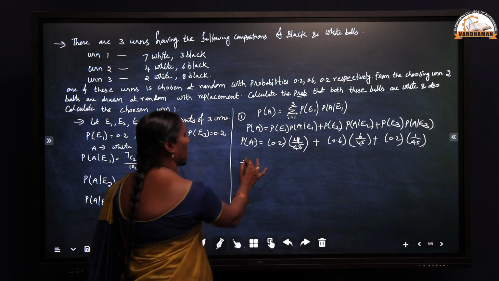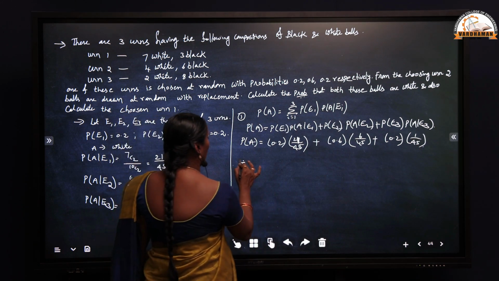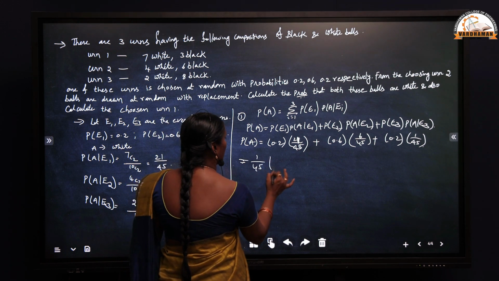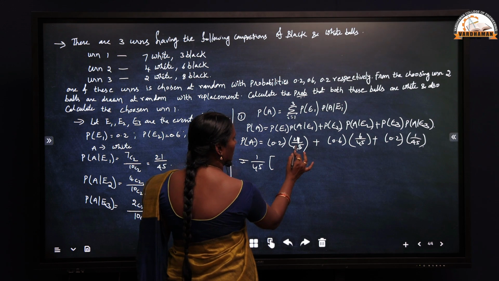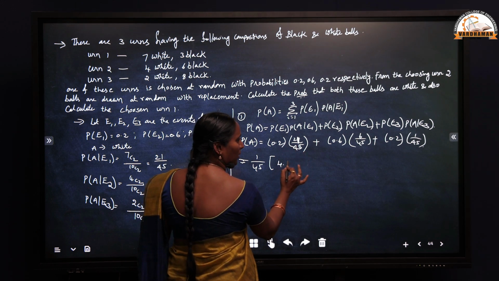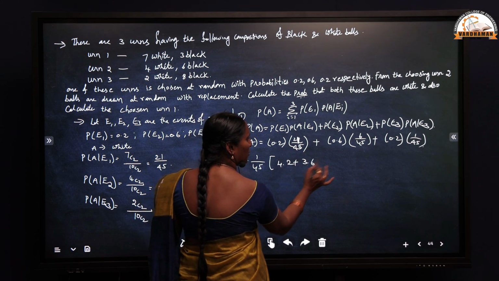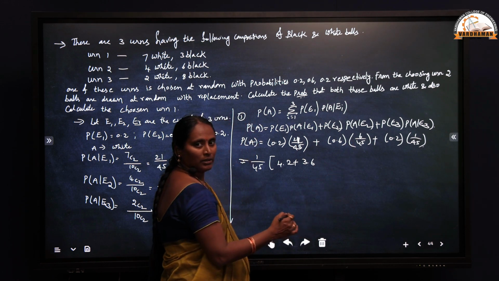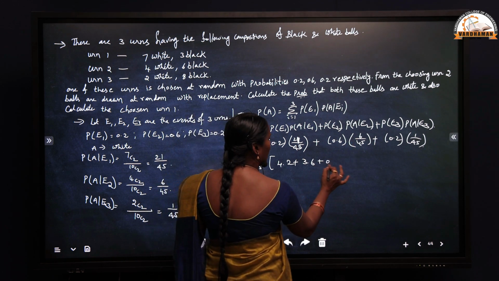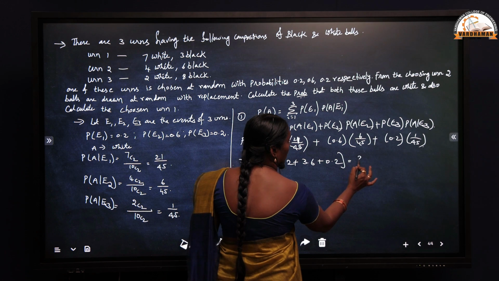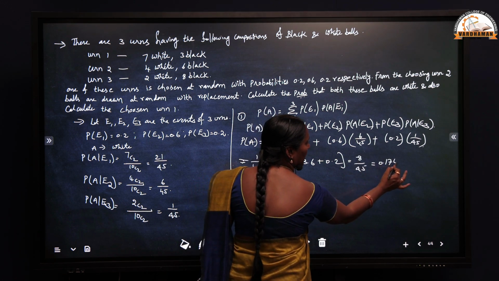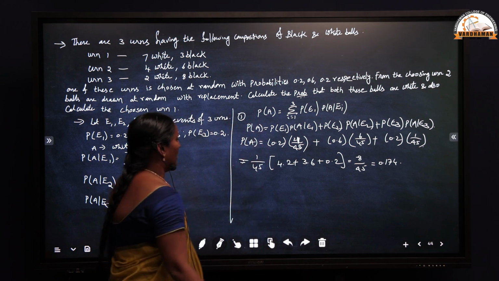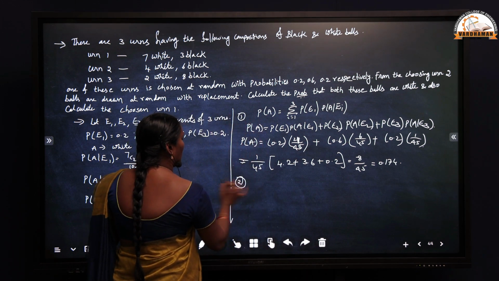Taking the common term 1 by 45, it will be 0.2 into 21, which is 4.2, and 0.6 into 6, which is 3.6, and then 0.2. So this probability is equal to 8 by 45, which is 0.174.